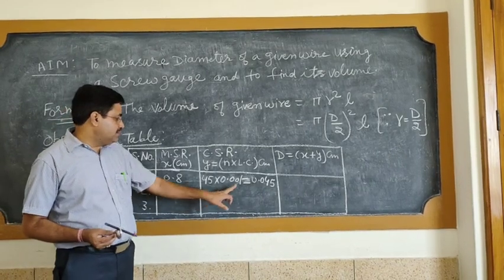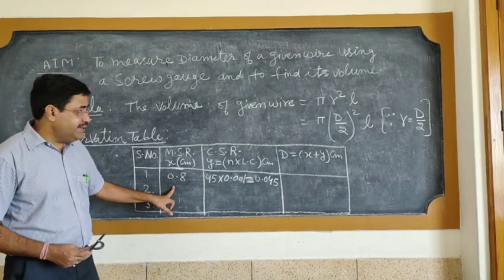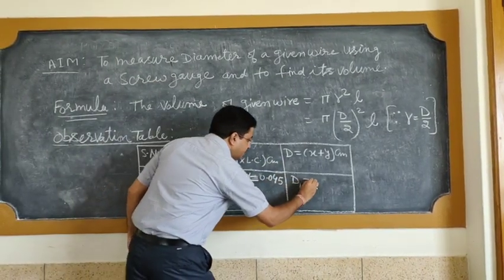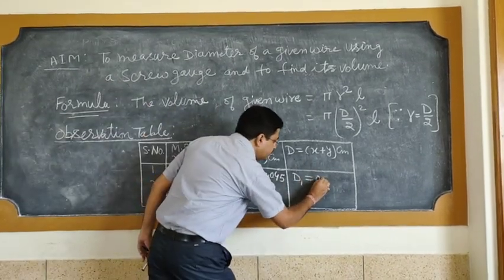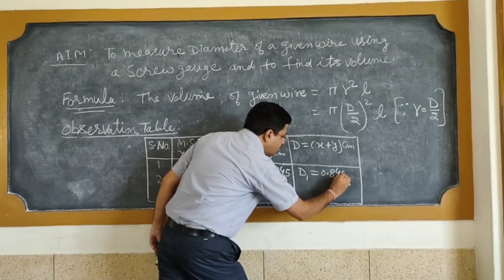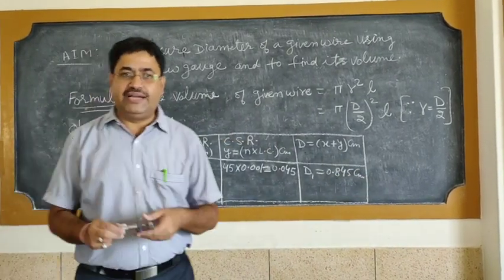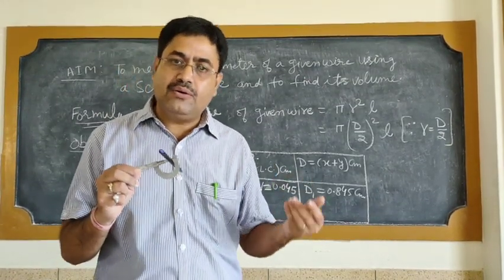Now to find the diameter we add both. D1 equals, when we add both, 0.845 centimeter. In this way we can find the diameter of the given wire.